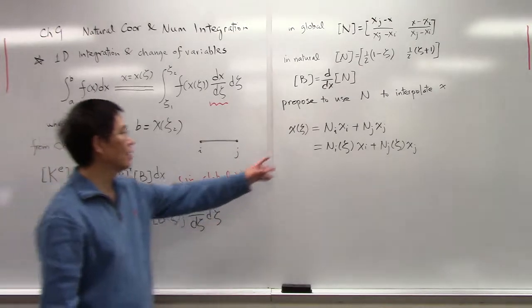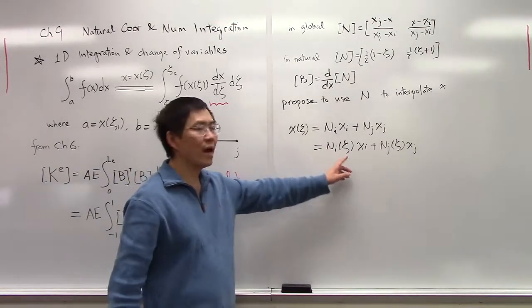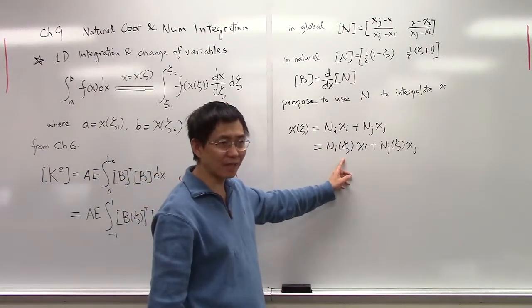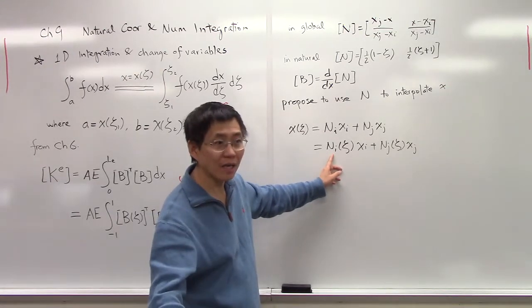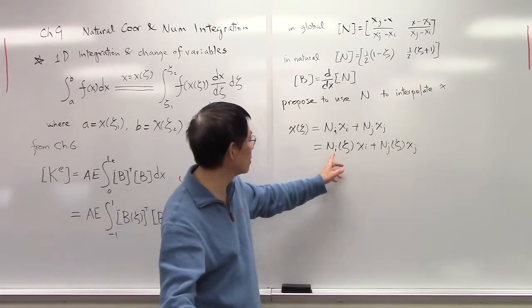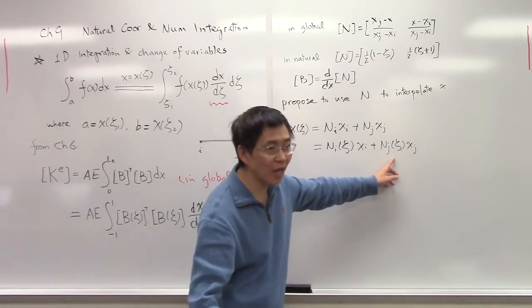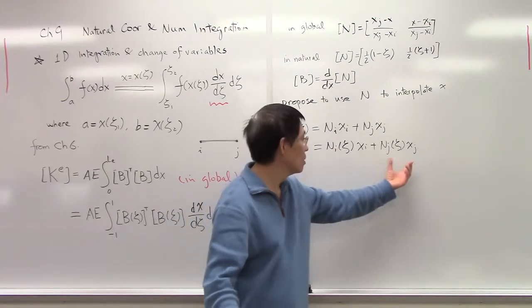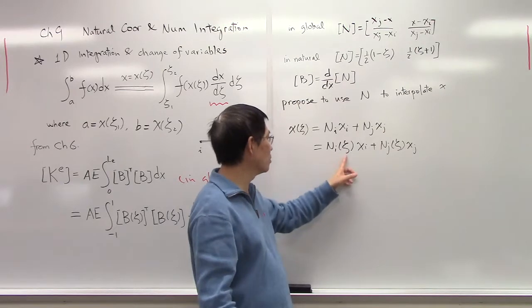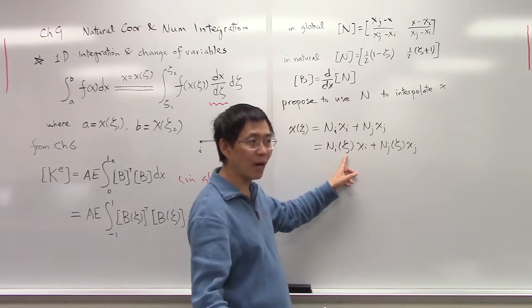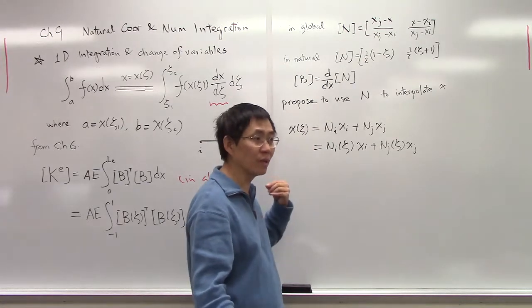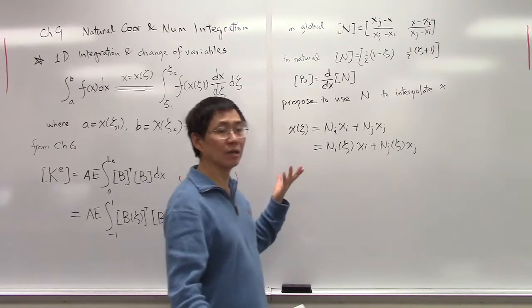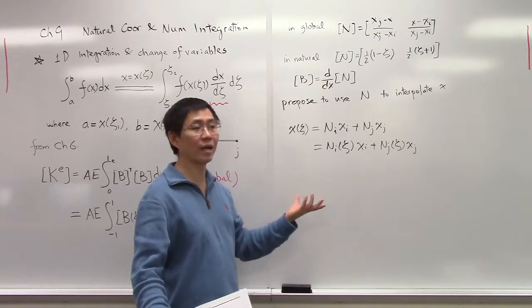And we know that it will work because when theta is at the left end at node I, Ni is 1. That's the property of the shape function. So this is equal to 1, and Nj is 0. Therefore, at the left node, when theta is -1, you recover xi, which is what it should be. The nodal global coordinate should be xi, right?